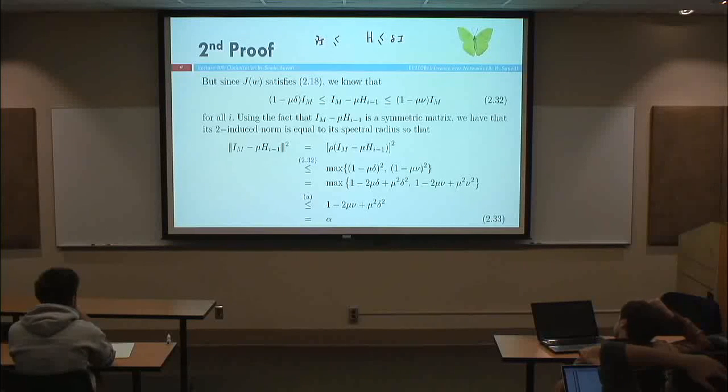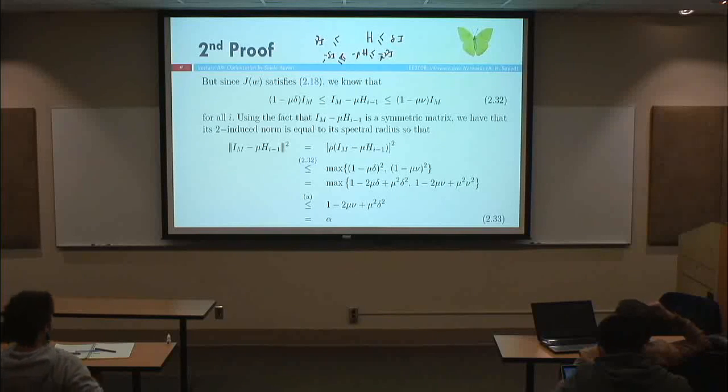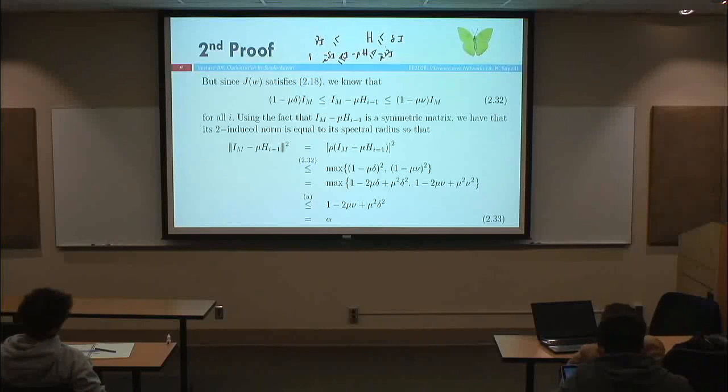So minus H will be bounded by minus nu and minus delta. And then if you do I minus that, before that I have to put a mu. So there will be a mu here and a mu here, and then I minus that, you get 1 minus that, which is what you have here.